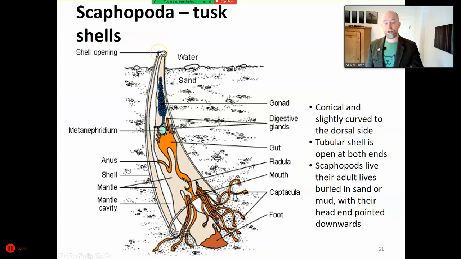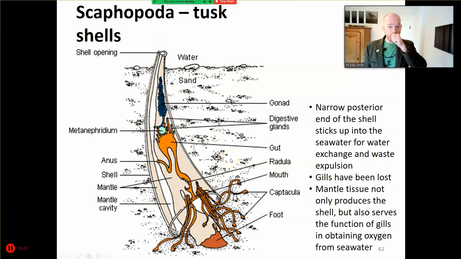The shell is conical and slightly curved to the dorsal side, with the foot anchoring it, the captacula extending out, and a shell opening with water entering here, being brought down across the mantle cavity. There's a reduced gill, so respiration is happening on the mantle here.